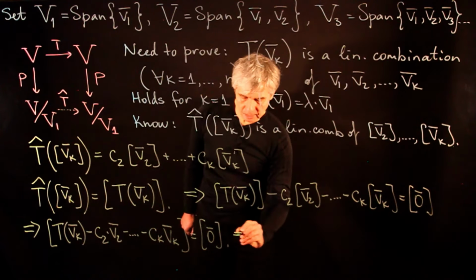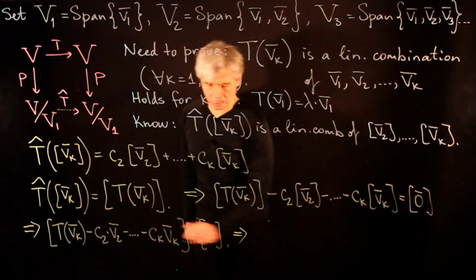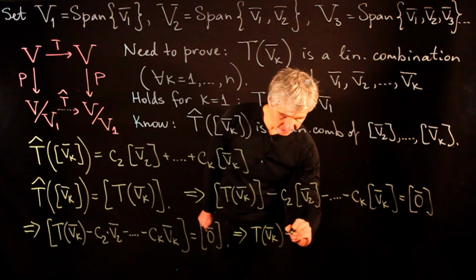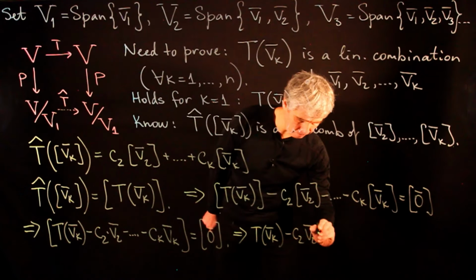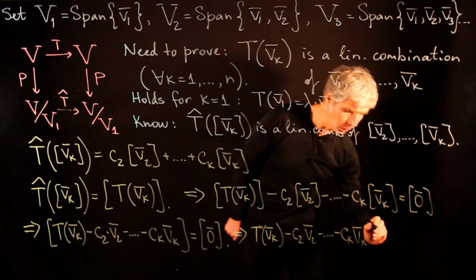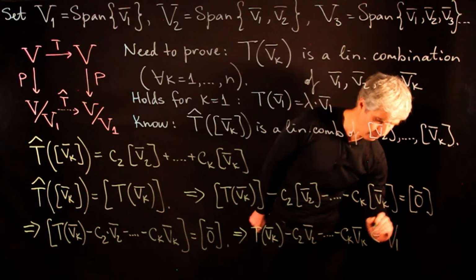So that is V1. So this tells us that this vector T of Vk minus C2 V2 minus Ck Vk belongs to the subspace V1.